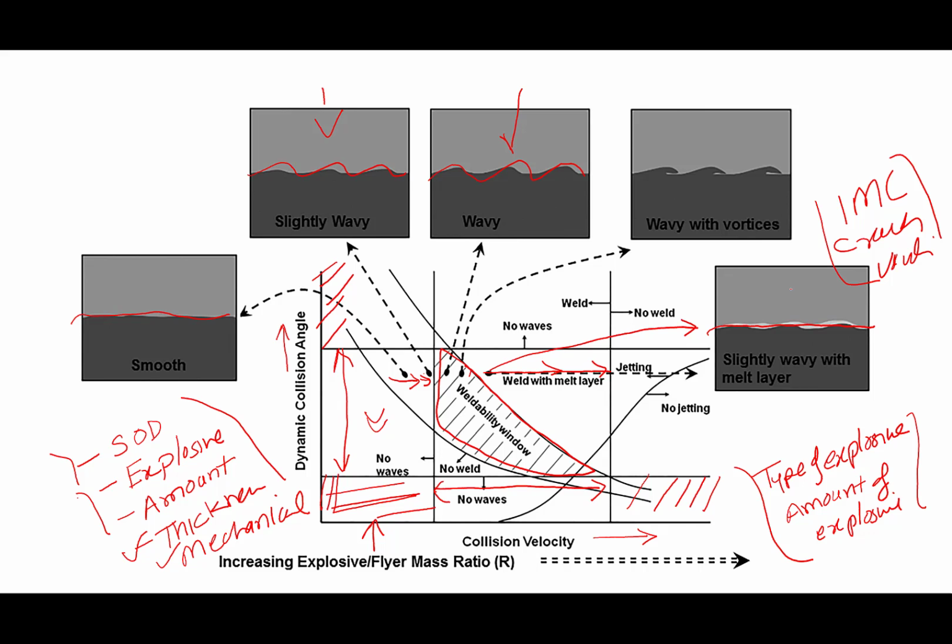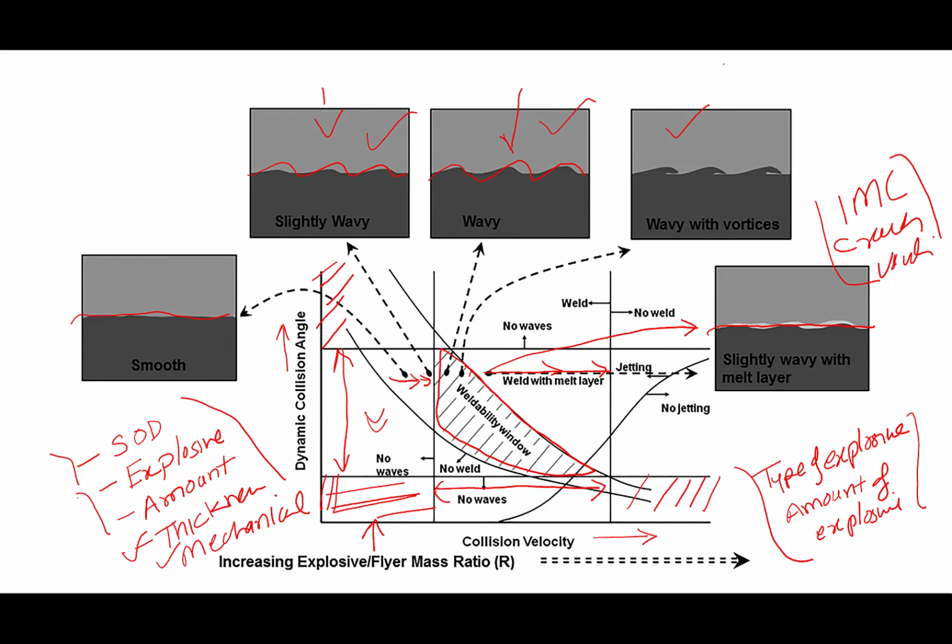So these are the three situations: little waviness, and waviness with vortices or little jetting, which is still workable and gives quite good results from the joint performance point of view.